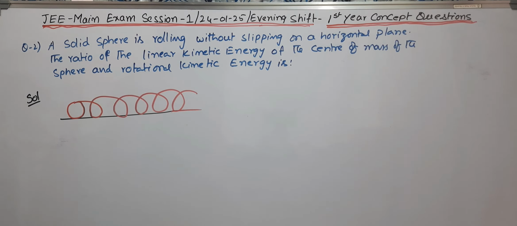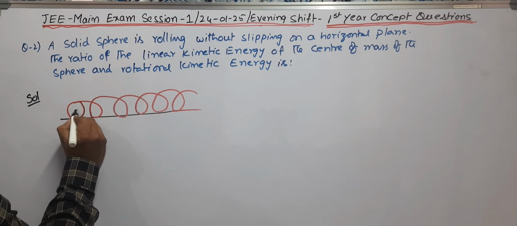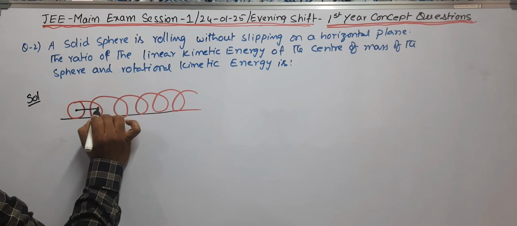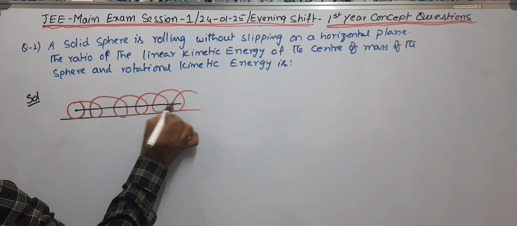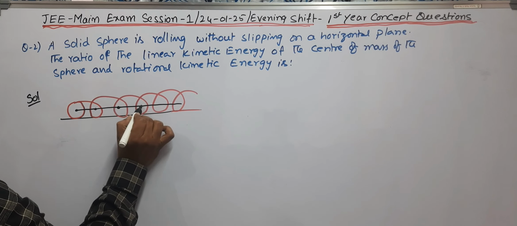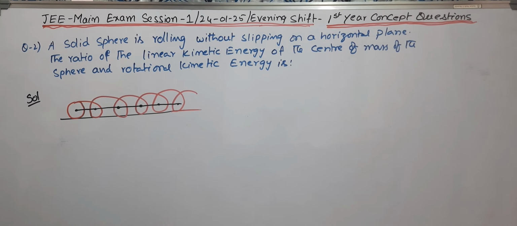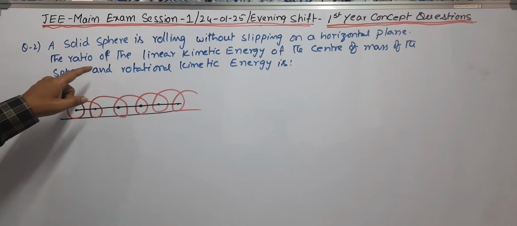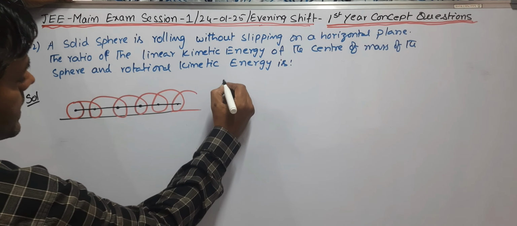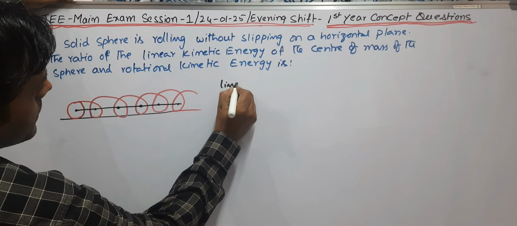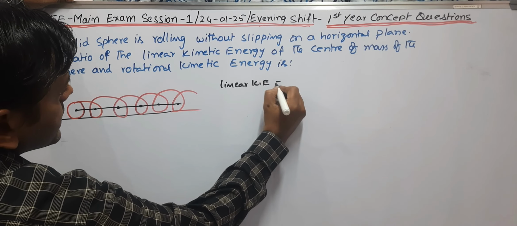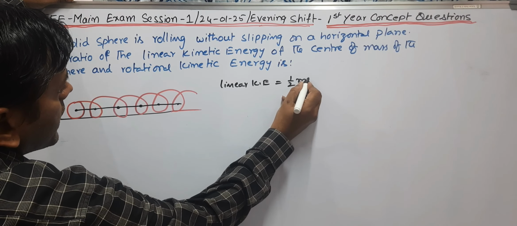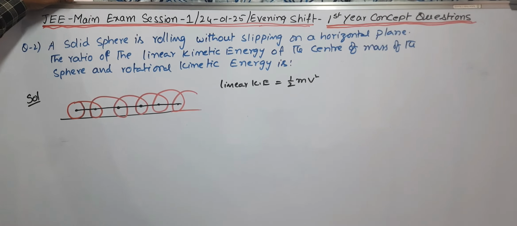You know very well its center of mass follows translatory motion. So, what is its linear kinetic energy? Linear kinetic energy equals half m v square, isn't it?